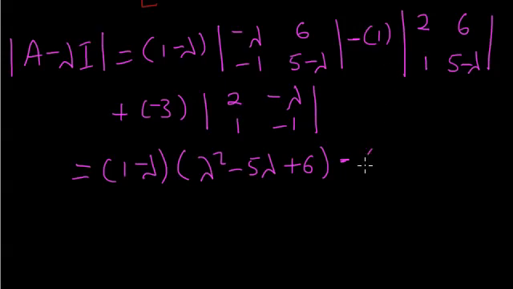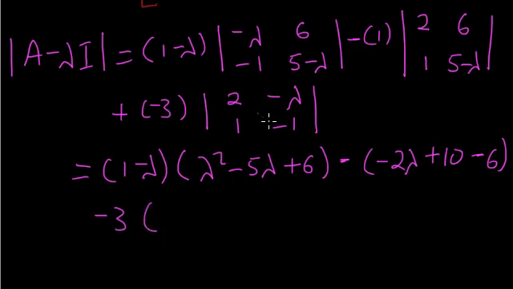Minus 1 times the determinant of this matrix, so this product is negative 2 lambda plus 10, minus 6, this product is 6. Minus 3 times this product, which is negative 2, minus this product, which is negative lambda, so minus negative lambda is plus lambda.